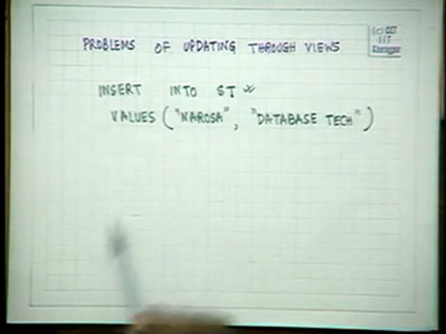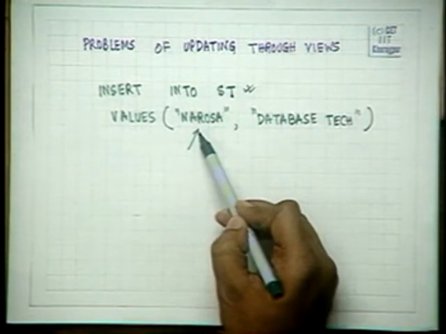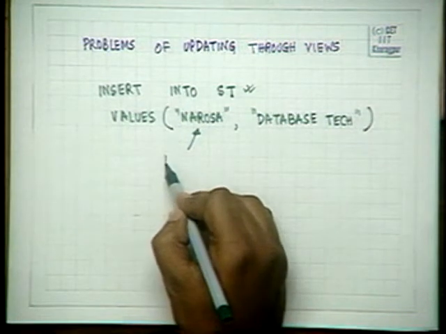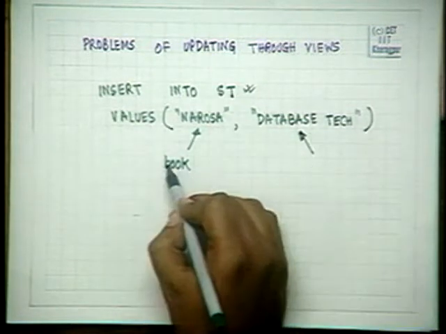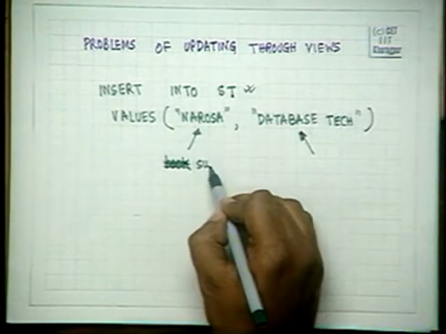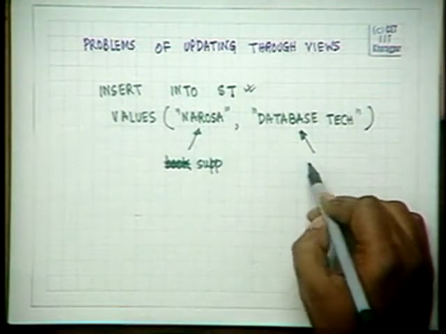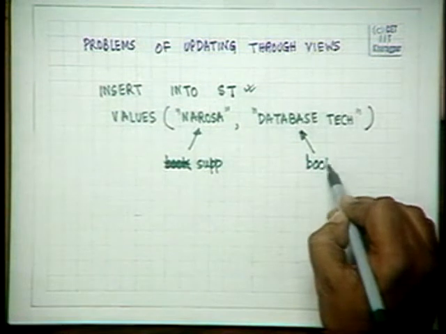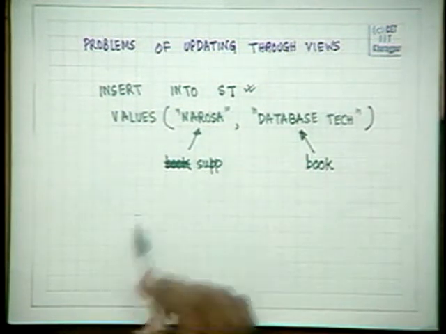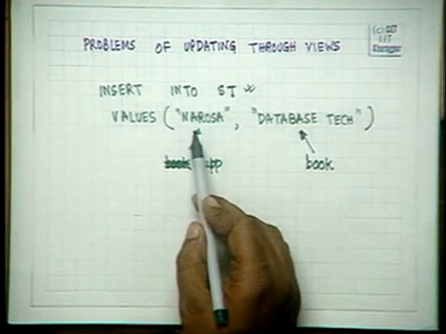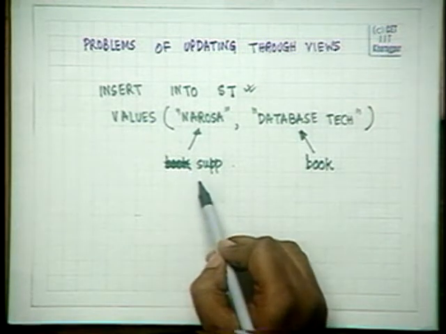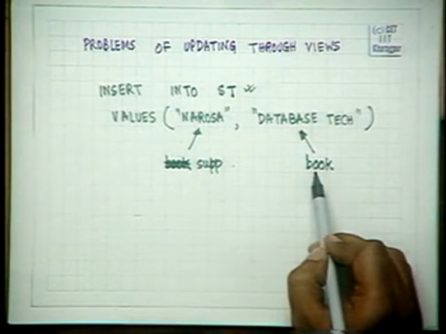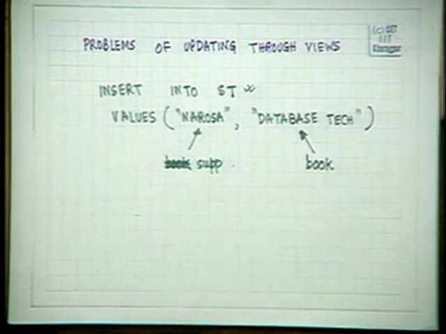So where will it insert? One of these attributes has come from sup, and this one has come from book. If I put this in sup, then for the other fields in sup I will have to put null values. And if I put this in book, then for the other fields I will put null values.